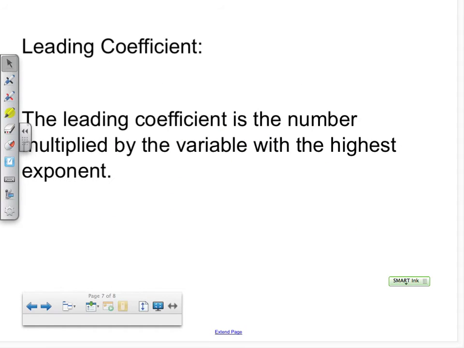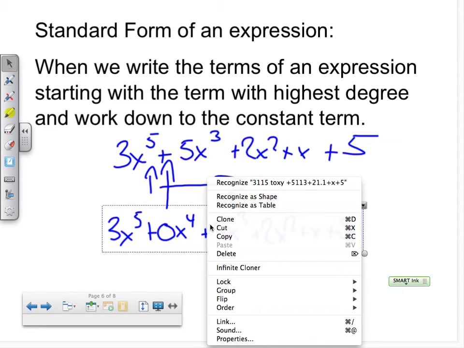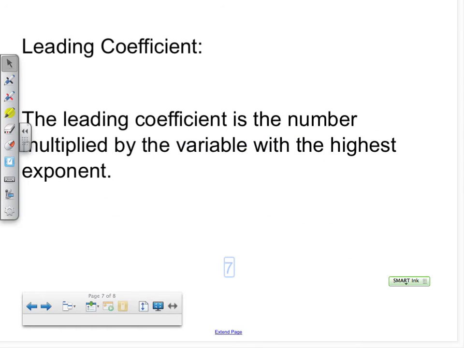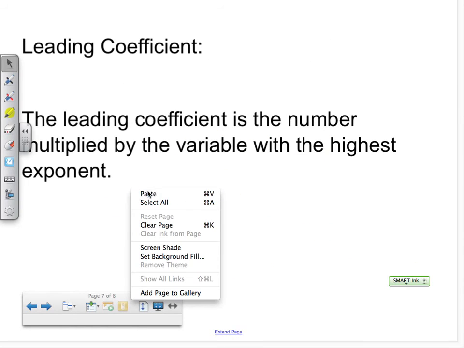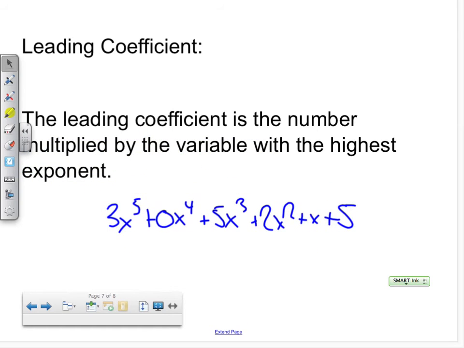the leading coefficient is the number multiplied by the variable with the highest exponent. So let's go back at that last example. Let's take this expression in standard form. Okay, our lead coefficient, once we have it in standard form, just go right here.